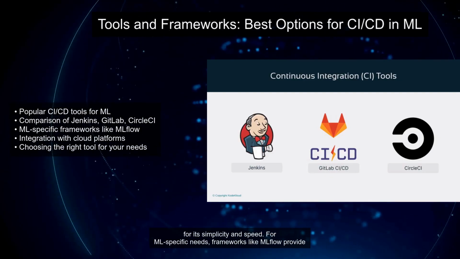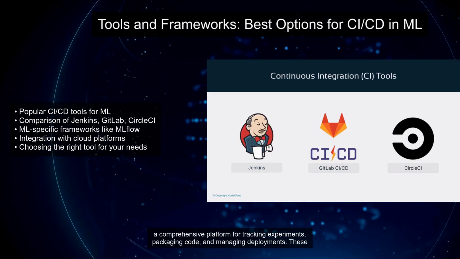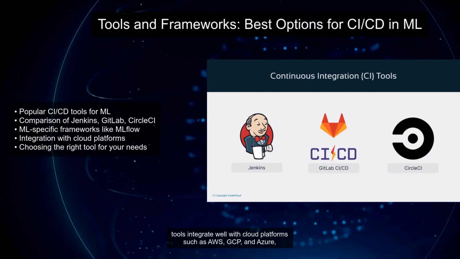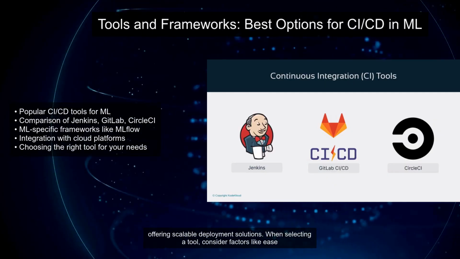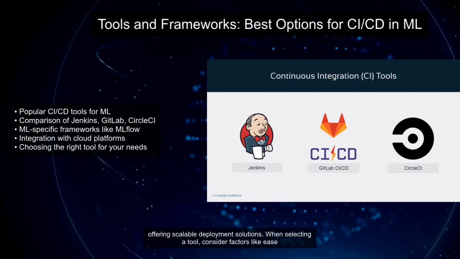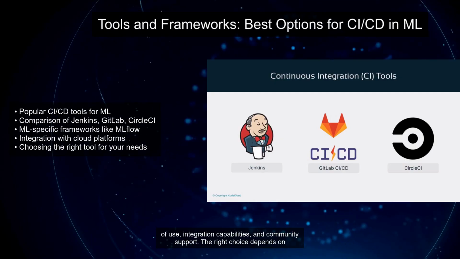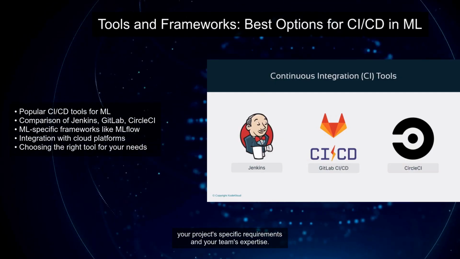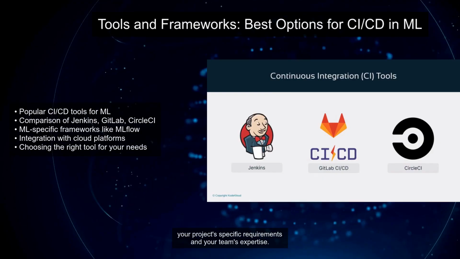For ML-specific needs, frameworks like MLflow provide a comprehensive platform for tracking experiments, packaging code, and managing deployments. These tools integrate well with cloud platforms such as AWS, GCP, and Azure, offering scalable deployment solutions. When selecting a tool, consider factors like ease of use, integration capabilities, and community support. The right choice depends on your project's specific requirements and your team's expertise.